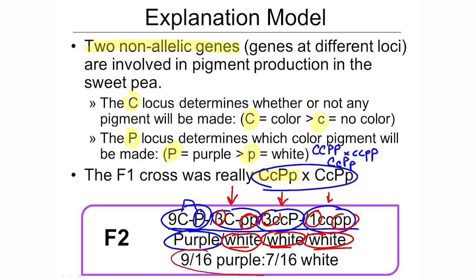So you end up with this 9-to-7 ratio. Another way of saying that is you could do a Punnett square, and I'll actually show you one in a minute, but there are 16 possibilities when you do a dihybrid cross, correct? And in this case, 9/16 of the offspring will turn out to be purple, while 7/16, again, not always for the same reason, but phenotypically they'll turn out to be white.